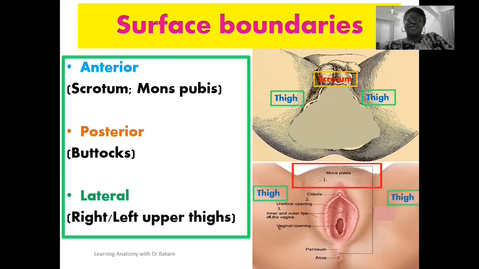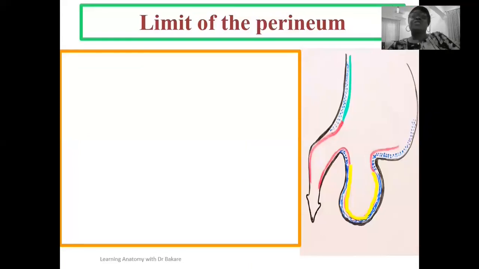We should also know that there are peculiarities in both the male and the female in terms of the structures that are related to the anterior boundary. If you look at the upper image, you can see that anteriorly it is bounded by the scrotum, while anteriorly in female it is bounded by the mons pubis. This is as a result of the peculiarity that is created by the reproductive system in both the male and also the female.